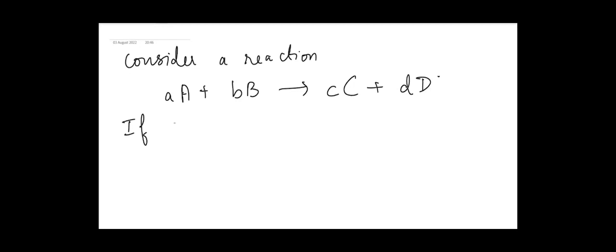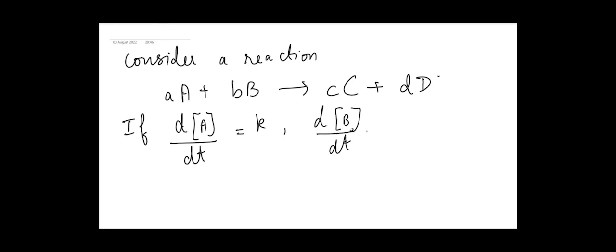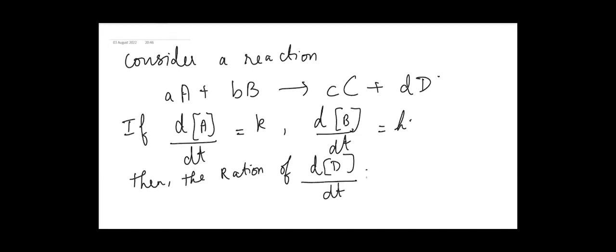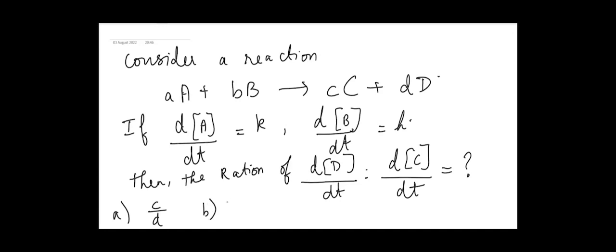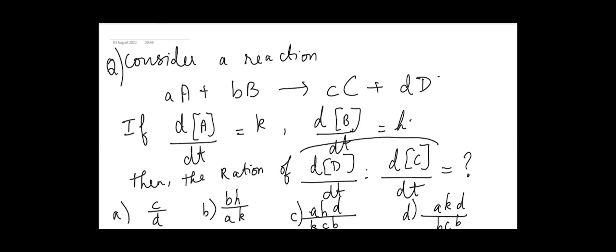Now if dA by dt is equal to K, and dB by dt is equal to H, then the ratio of dD by dt is to dC by dt is equal to option A, C by D, option B, BH by AK, option C, AHD by KCB, and option D, AKD divided by HCB.